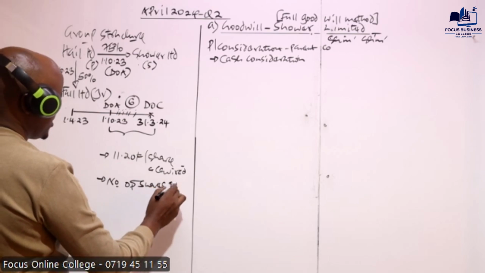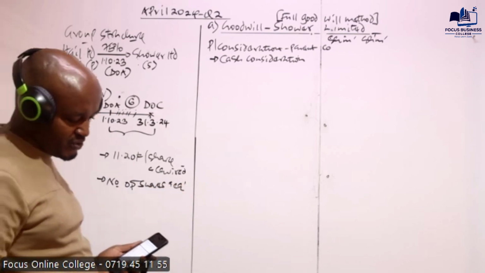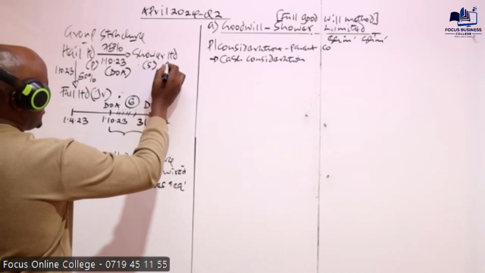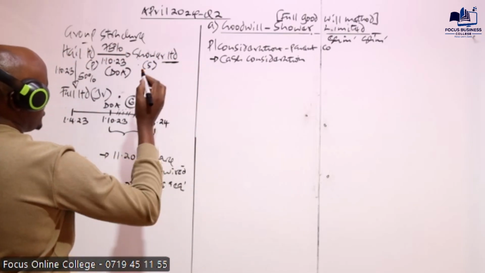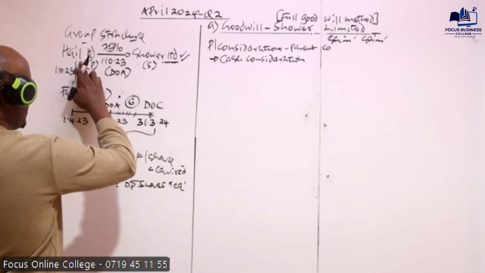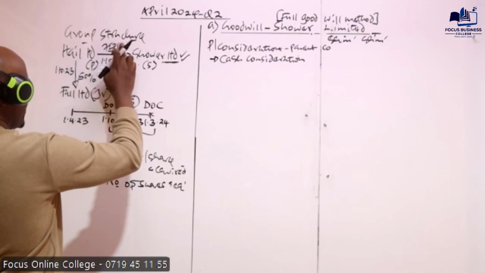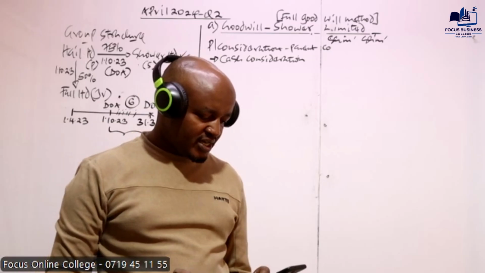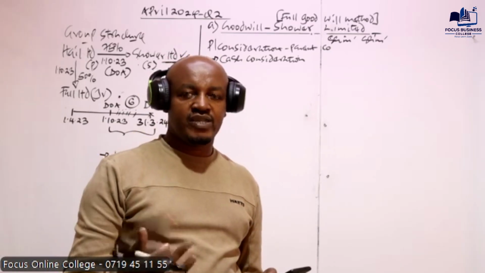For you to be able to determine the shares which were acquired, first of all, you need to determine how many shares are issued by the subsidiary. If you know the shares issued, then you can determine the shares which were acquired, because this company acquired 75% of the shares issued by Shower. Usually we say you get this information from the balance sheet of the subsidiary.